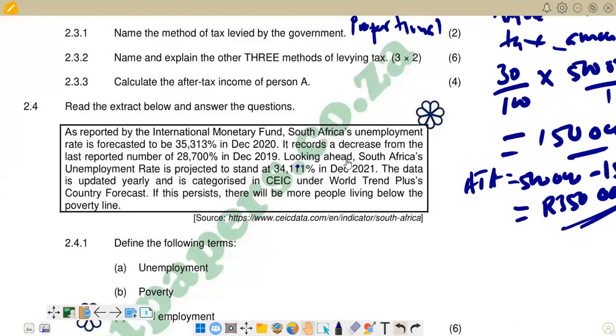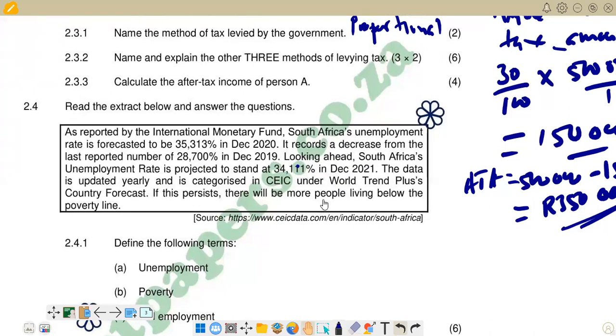It records a decrease from the last reported number of 28.00% in December 2019. Looking ahead, South Africa's unemployment rate is projected to stand at 34.111% in December 2021. The data is updated yearly and is categorized in CEIC under World Trend plus countries focus. If this persists, there will be more people living below the poverty line.